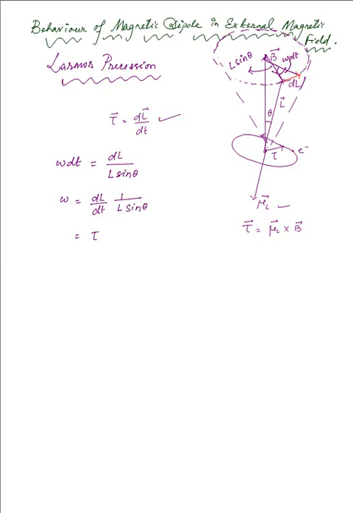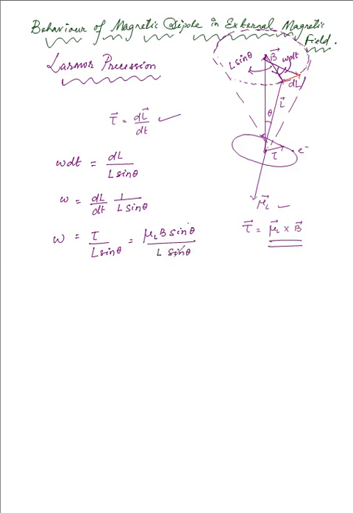So the torque over L sine theta, and we also know the value of torque. Torque is equal to mu L cross B. So we can put that over there. So we get, magnitude wise, mu L B sine theta divided by L sine theta.